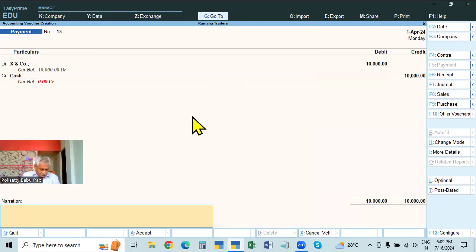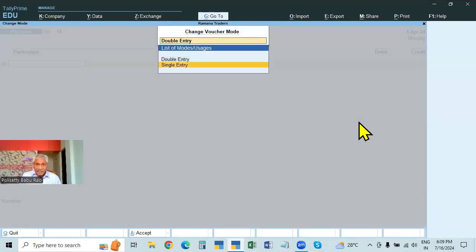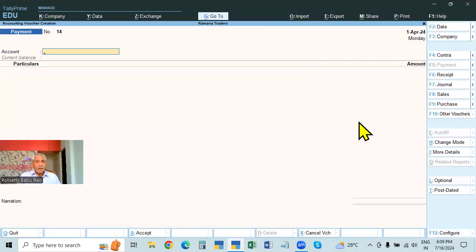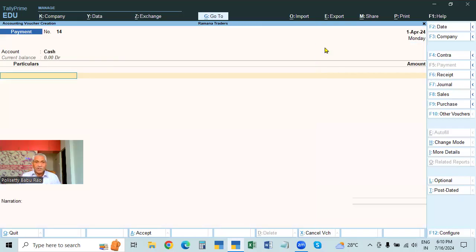And here, see, this is a new entry. So here, being cash paid. Then the same thing under double entry as a single entry. Under single entry, the top one is simply cash or bank. So press space bar, only cash. There is bank also. And then payment to whom we paid.